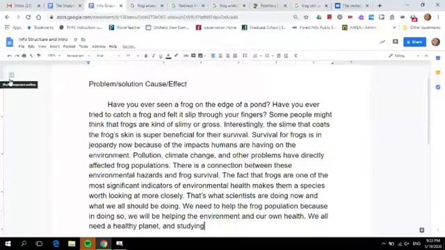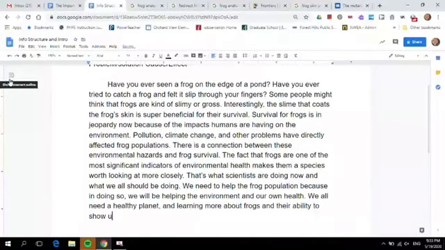Studying frogs, learning more about frogs and their ability to show us some of the danger signs in our environment will, I don't want to say helpful because I've already said that. I've said beneficial. Will keep our planet safe for us all.